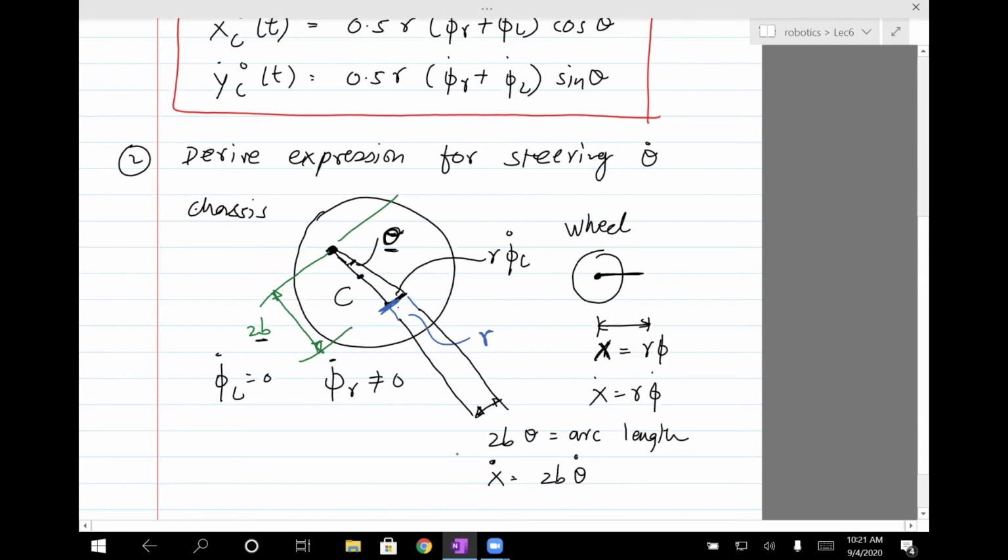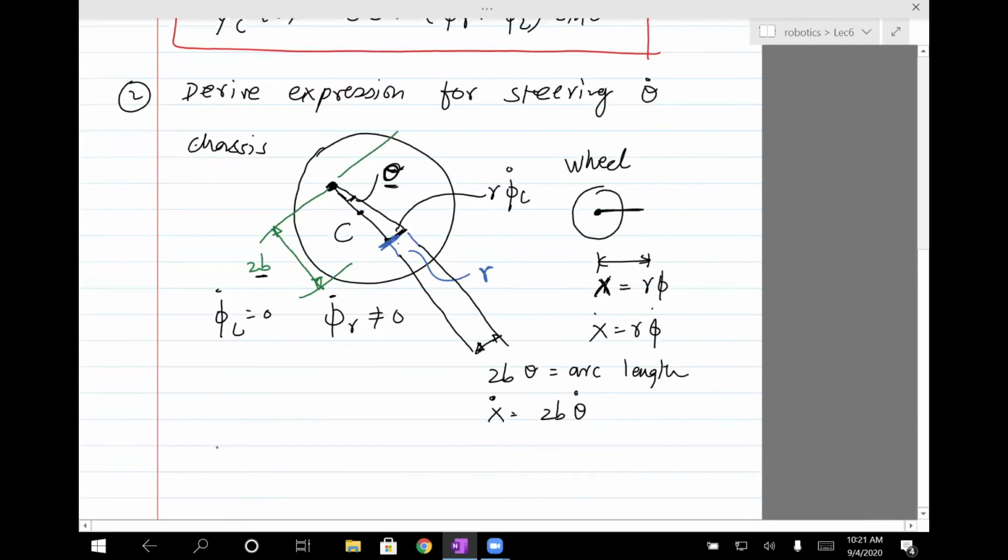So we have two formulas. Let's call that x dot wheel. So x dot wheel can be written two ways. One is we write it as r times phi dot. That's by looking at the wheel. We can also write it as 2b times theta dot. This is by looking at the chassis, the top figure.